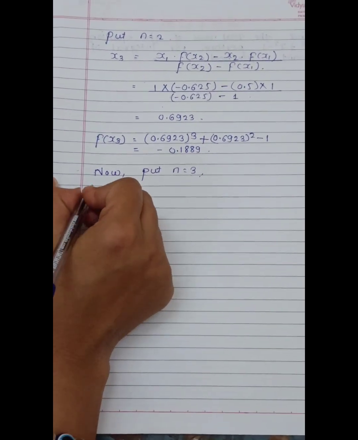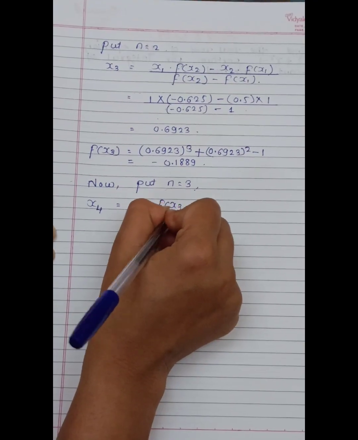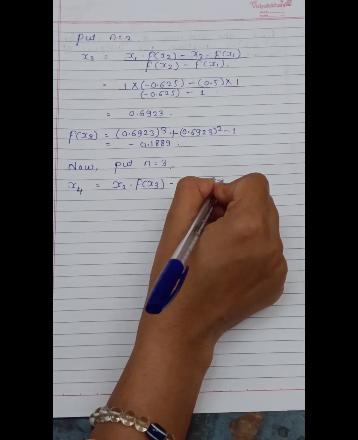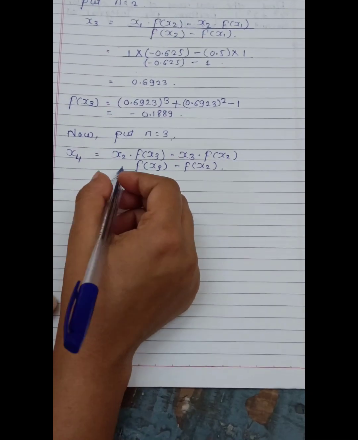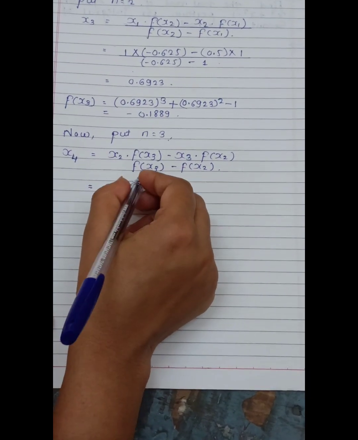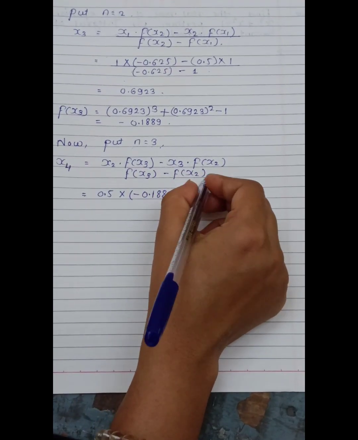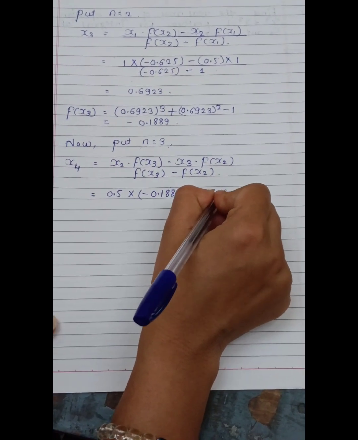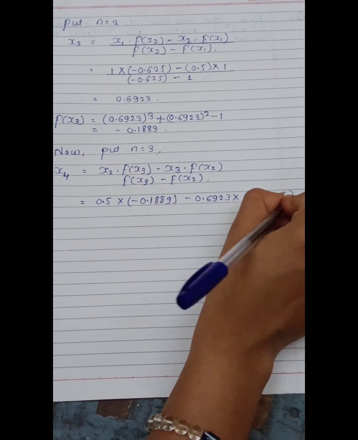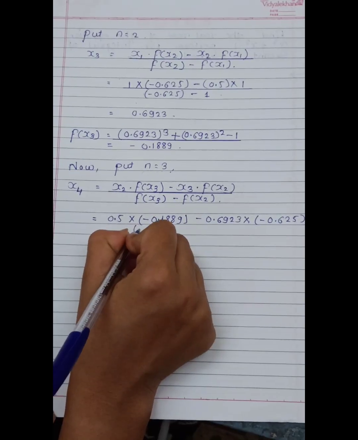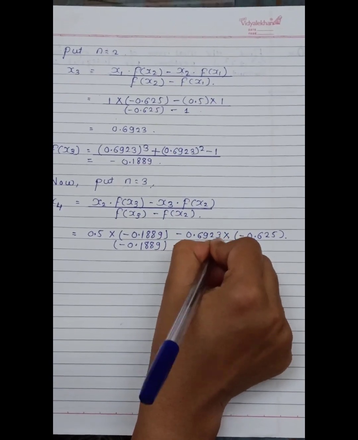So x4 equals x2 times f of x3 minus x3 times f of x2 divided by f of x3 minus f of x2. x2 is the value of 0.5 into f of x3, the value of minus 0.1889, minus x3, the value of 0.6923, into f of x2, the value of minus 0.625, divided by f of x3, the value of minus 0.1889, minus f of x2, the value of minus 0.625.